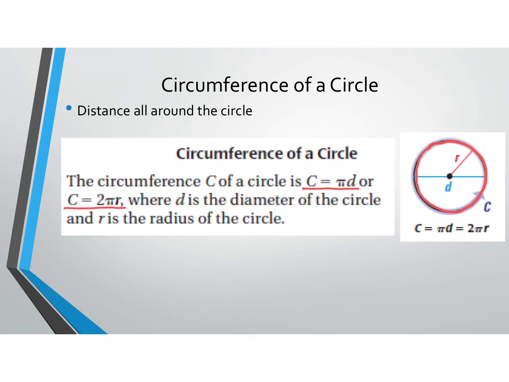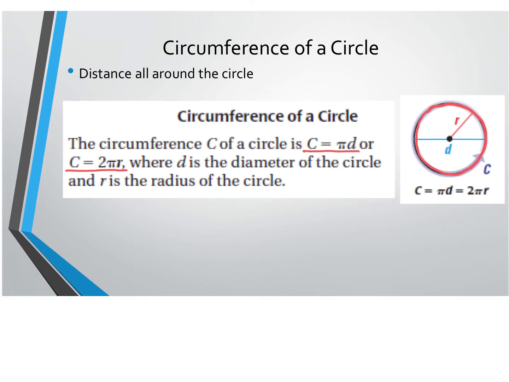Now, keep in mind that multiplication is commutative. And what I mean by that is this formula of pi times the diameter, you can also memorize it as diameter times pi. Because remember, it doesn't matter the order you multiply two numbers. For example, if I do 2 times 3, I get 6.